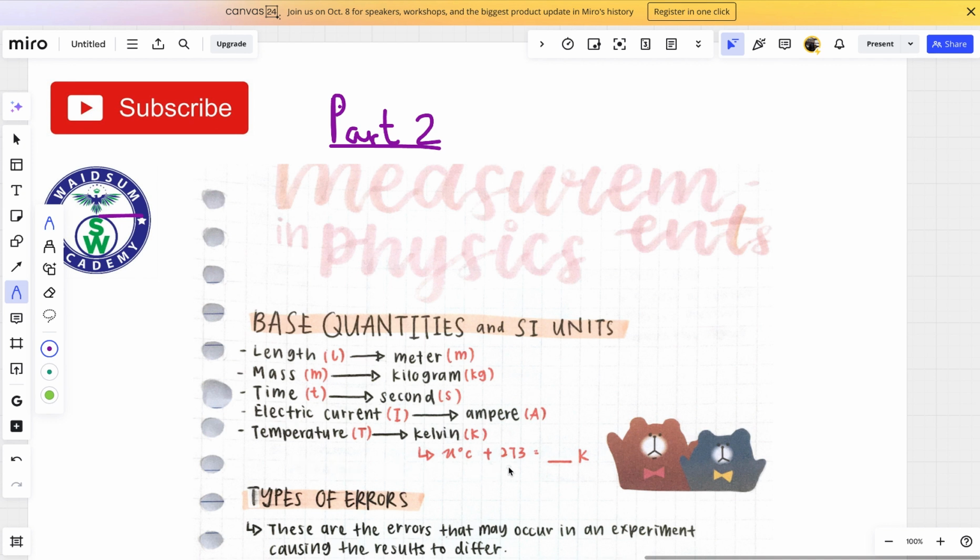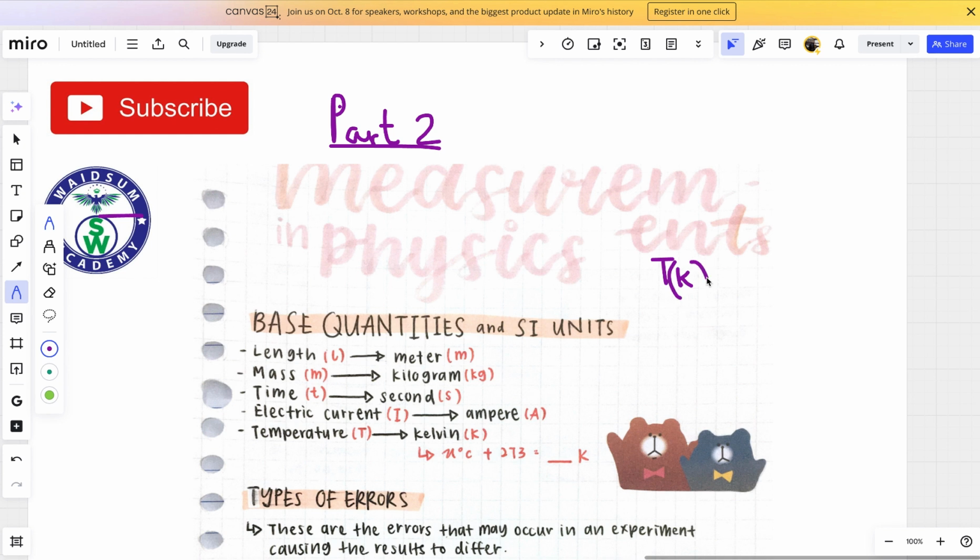Now, here is the conversion of temperature between degrees Celsius and Kelvin. Temperature is usually measured in degrees Celsius, but in this case we are measuring temperature in Kelvin, which is another temperature scale.